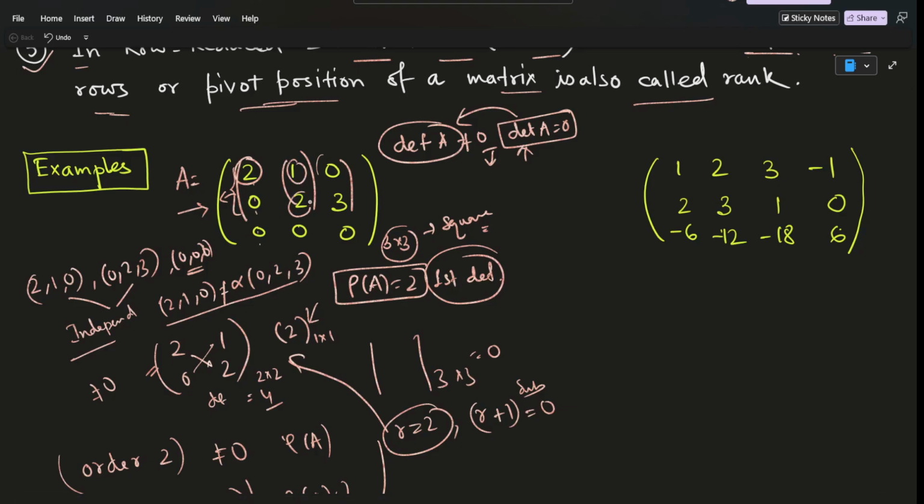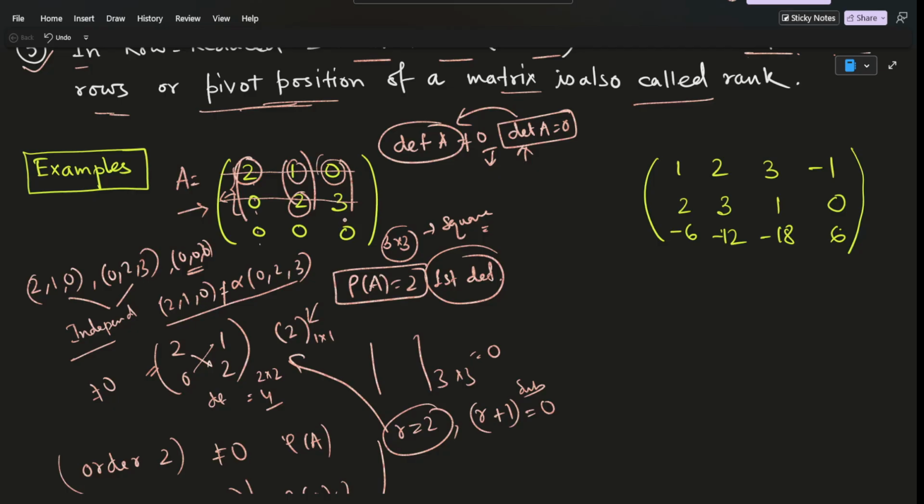So these two are non-zero elements, the elements below are 0, and this row is treated as a pivot, and this row is also treated as a pivot.